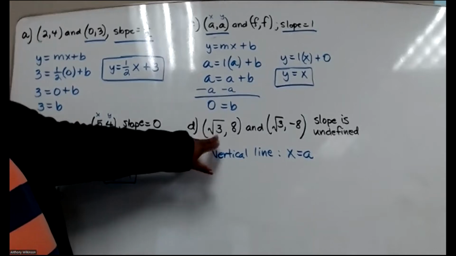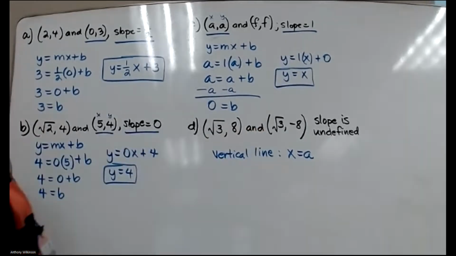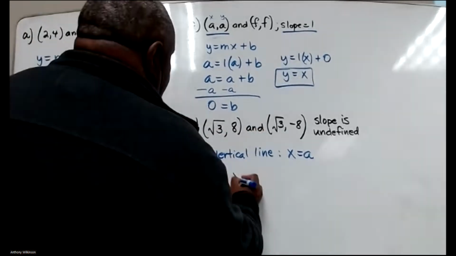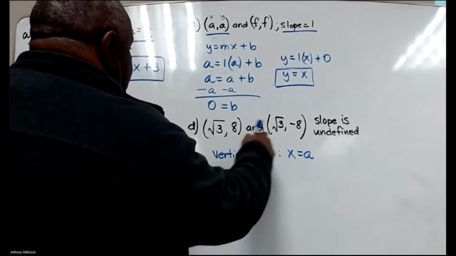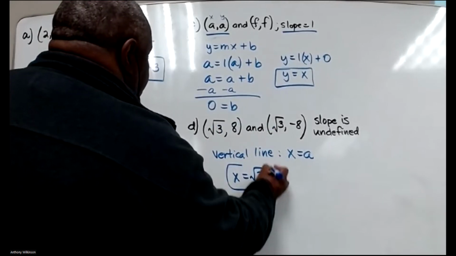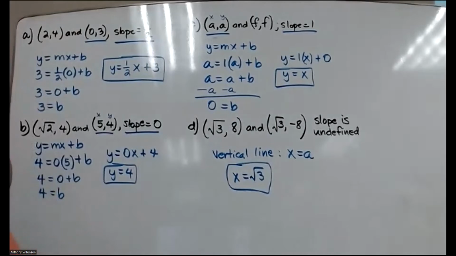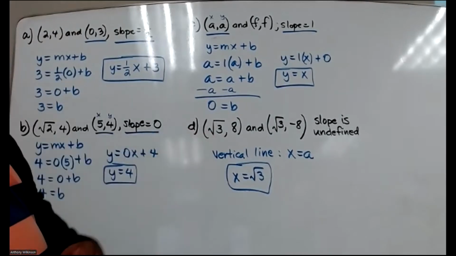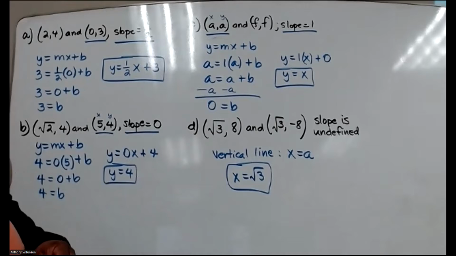The x's, they're all the same. So that means, in this case, the equation x is equal to square root of 3. That would be the equation of that line going through these 2 points. And of course, that slope is undefined.